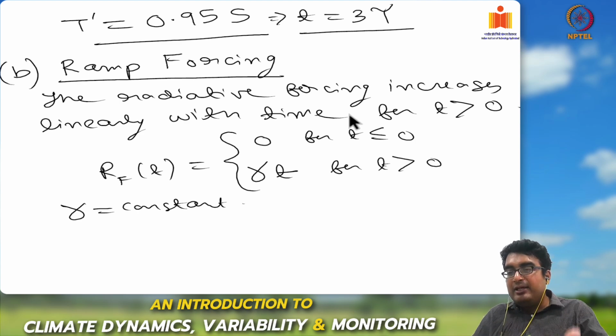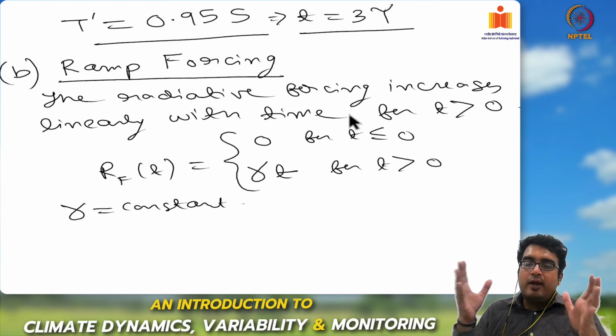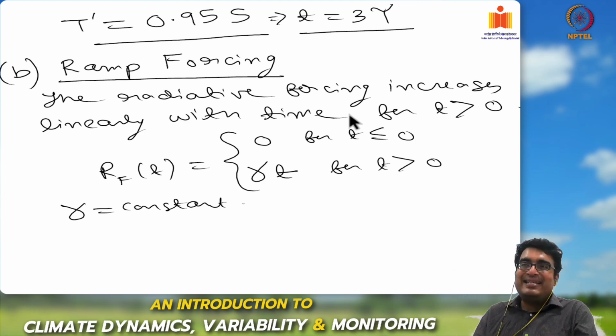So if the climate relaxation time is 30 years, then because of a constant radiative forcing that has been added to the system, it will take around 90 to 100 years to reach a new steady state. So that will be, for our planet, the kind of time horizon we are looking at to reach new steady state conditions given a constant radiative forcing.